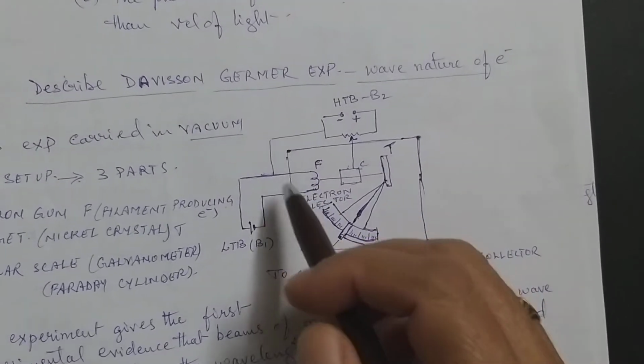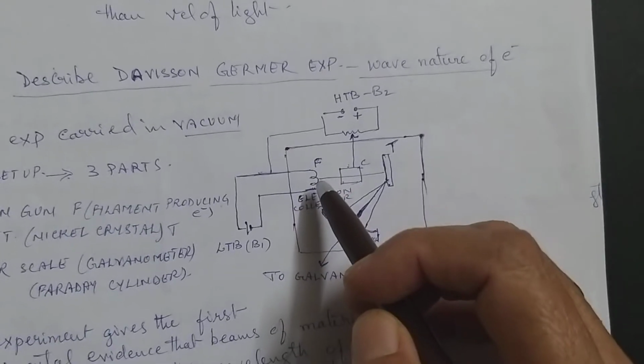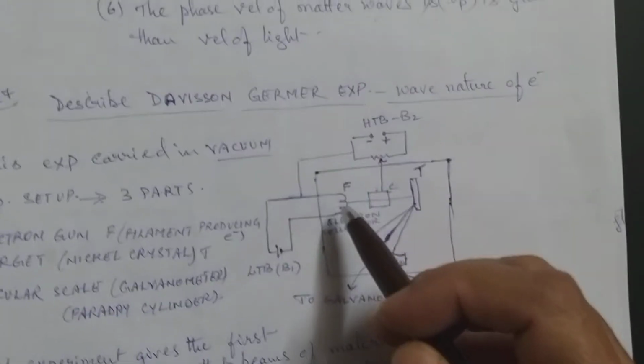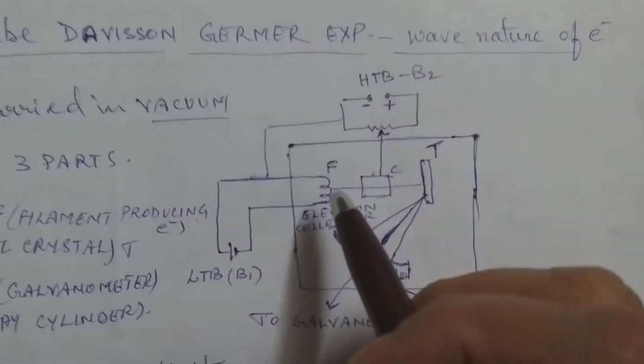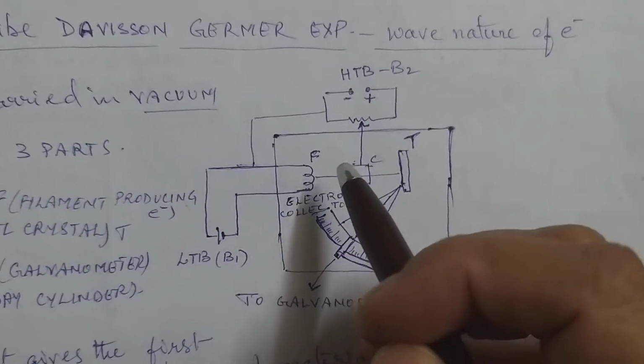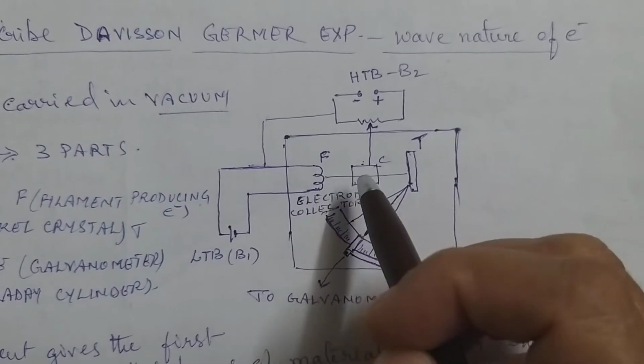Then it gets heated when current passes, and that heat energy is given to the outermost electrons. Metals generally have high atomic number, outermost electron loosely bound. That is the theory of vacuum tubes. So loosely bound, it is given off easily and comes out of the atom.